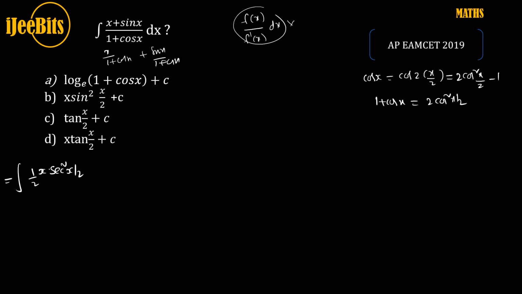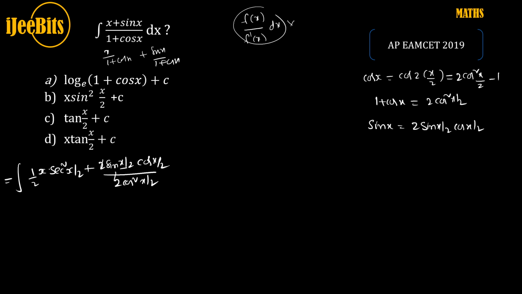Sin x I can write as 2 sin theta cos theta, so 2 sin x by 2 cos x by 2. Agree? Then what happened here? 2 sin x by 2 cos x by 2 divided by 2 cos square x by 2, because I'm replacing this.